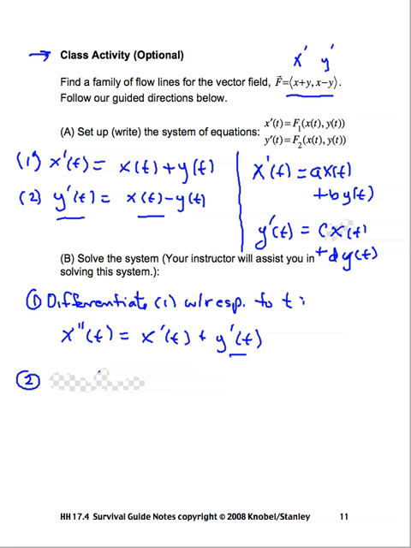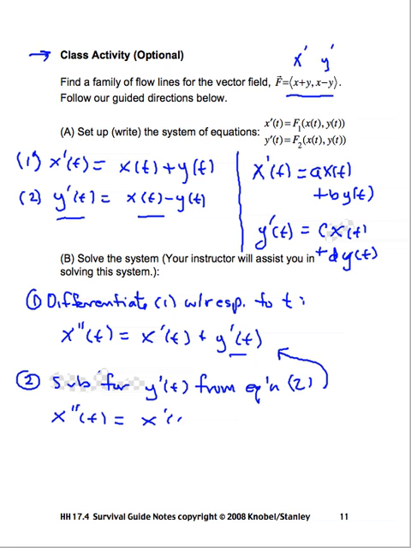So I'm going to substitute for y prime of t from equation 2 in this equation right here, okay? So what I'm going to get here is x double prime of t is equal to x prime of t plus, and y prime of t is just equal to x of t minus y of t.